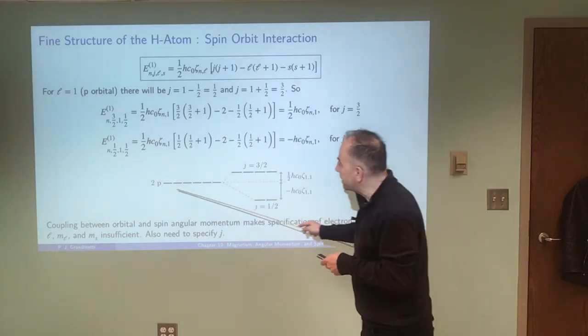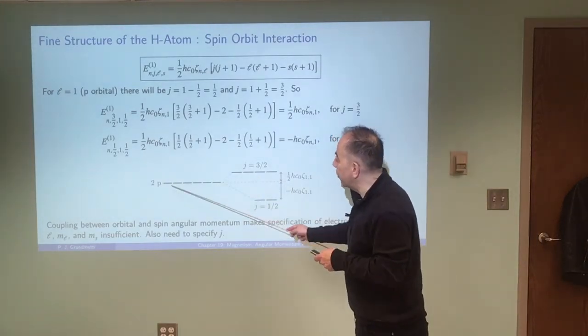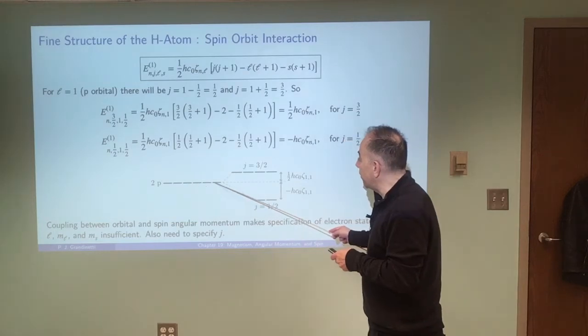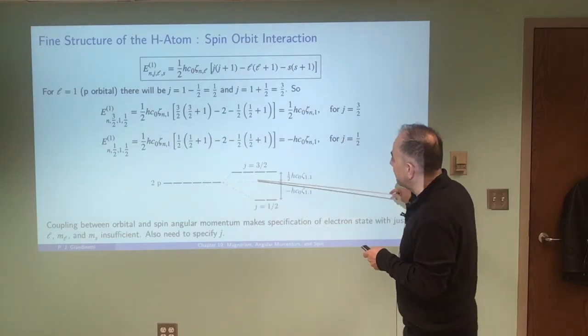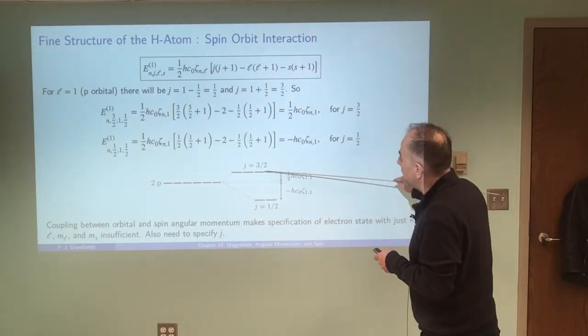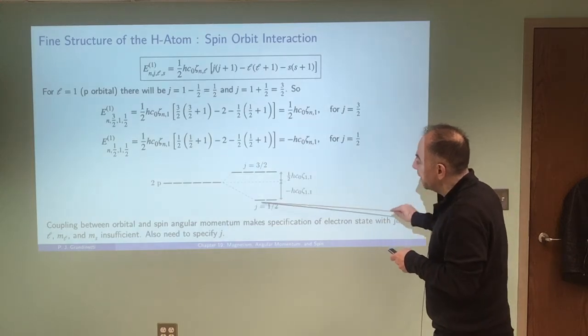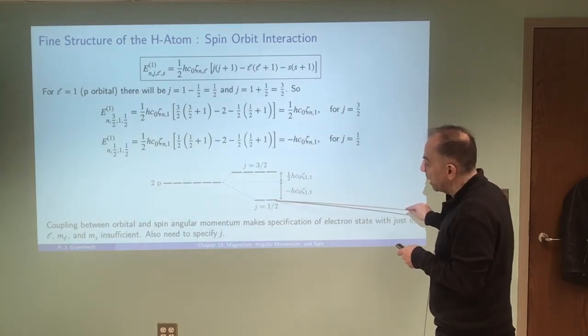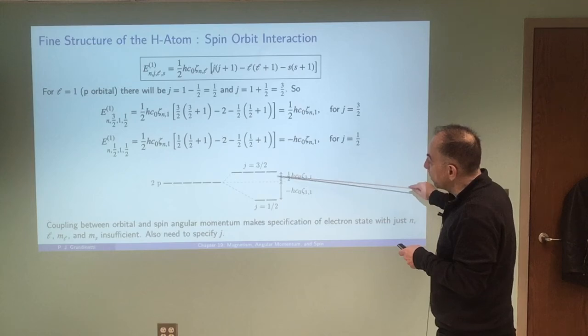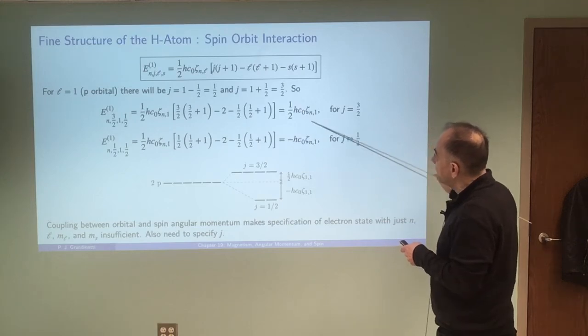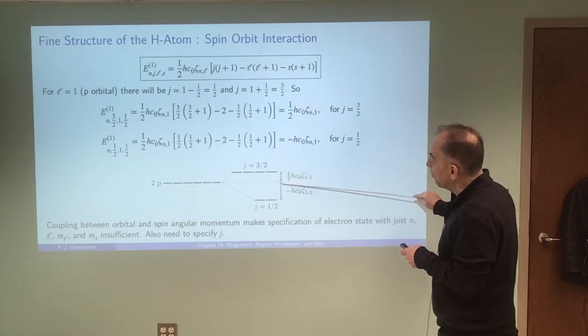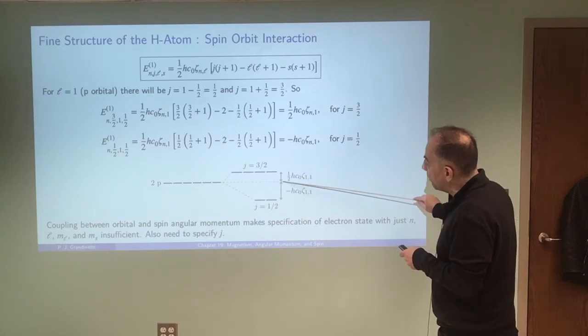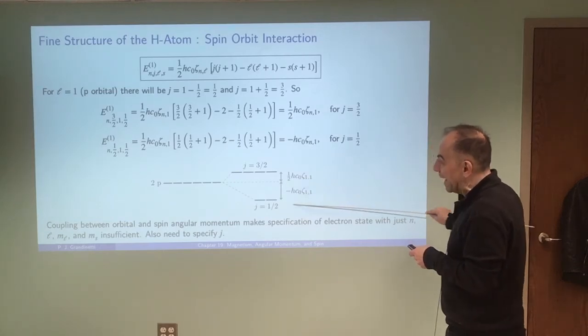So what happens then is the unperturbed p orbital energy levels get split into the ones associated with J equals 3 halves and the ones associated with J equals 1/2. The ones with 3 halves go up in energy by this amount, and the ones with J equals 1/2 go down in energy by that amount.